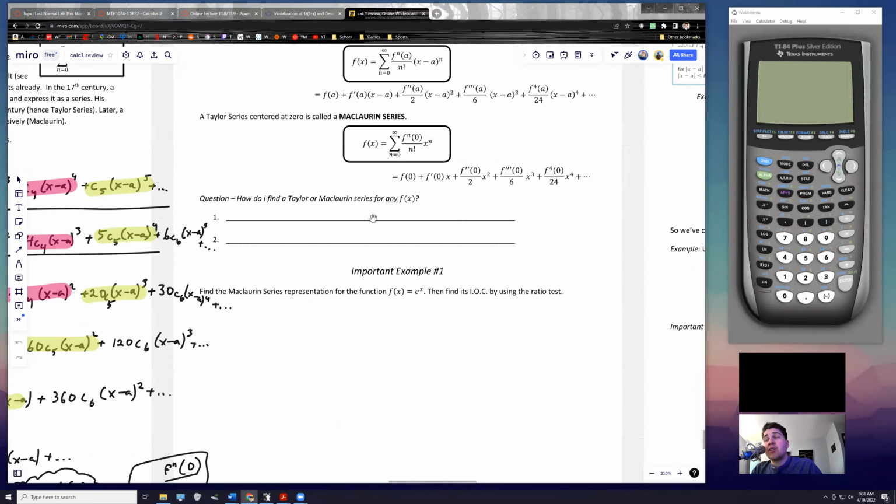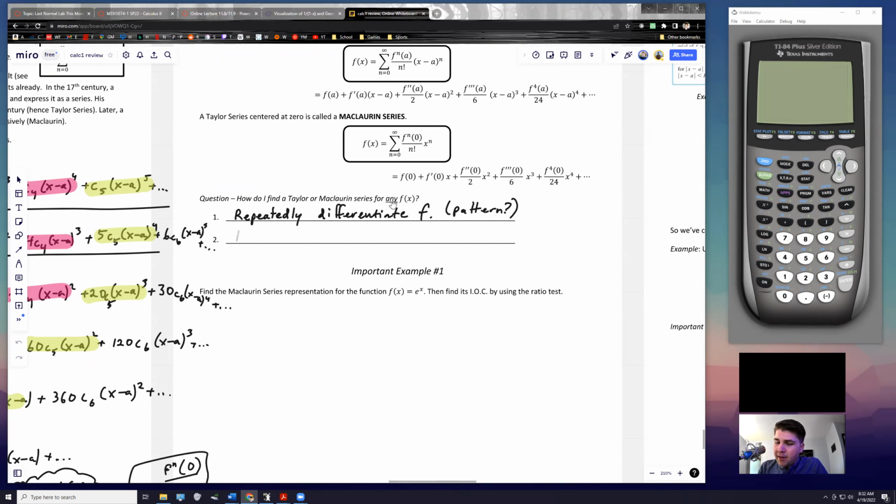But if we want to find a Taylor Maclaurin series, basically what you need to do is repeatedly differentiate f. And generally there's a pattern. So can you figure out the pattern? And then you need to plug in the center.